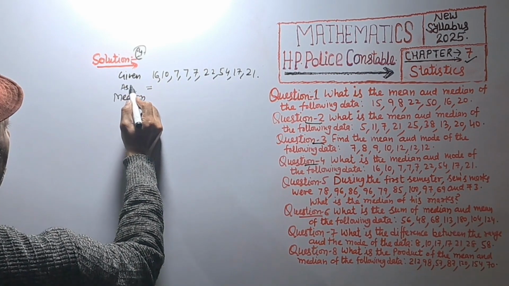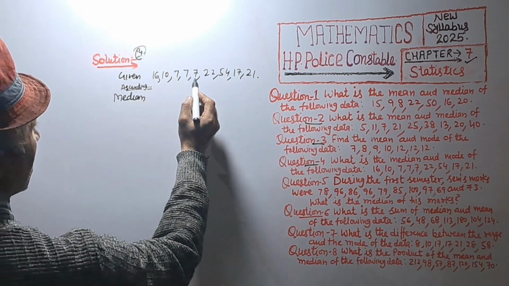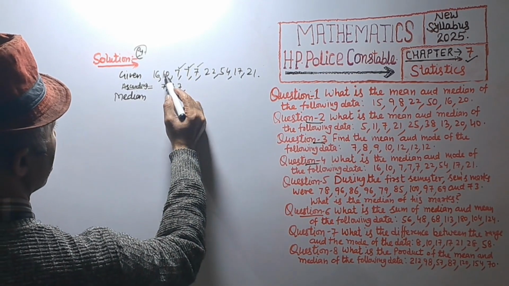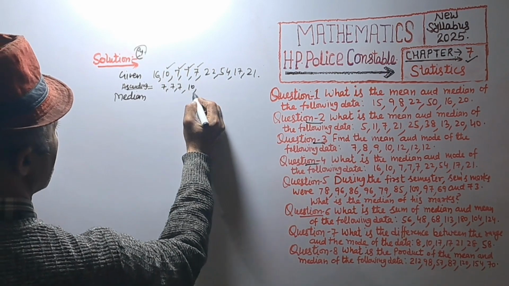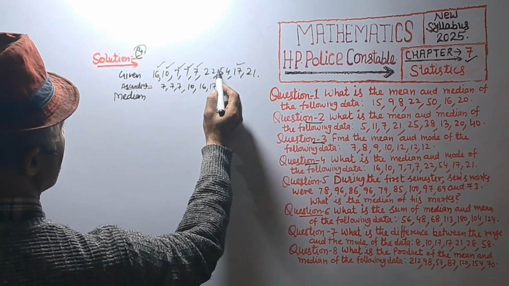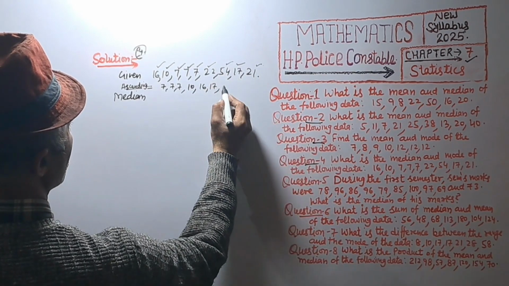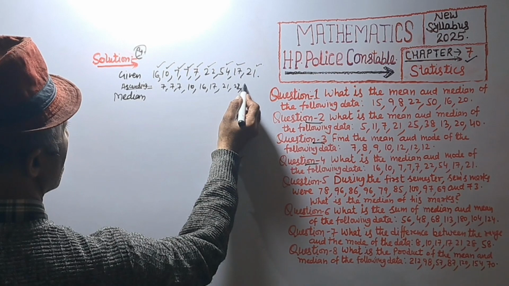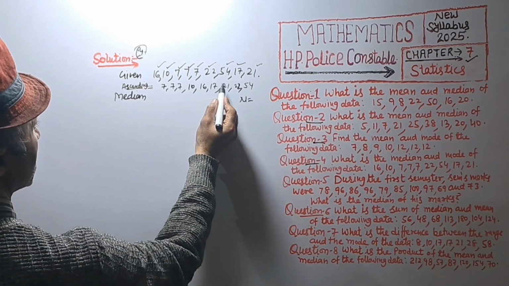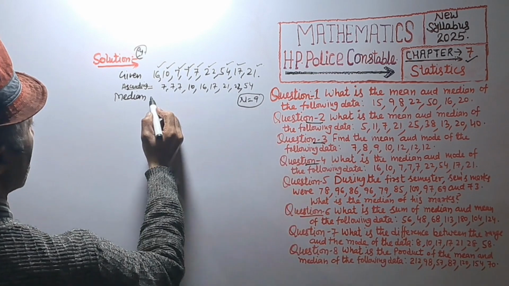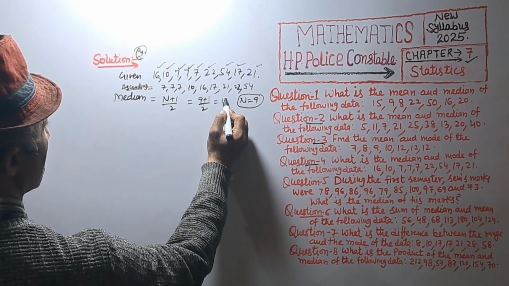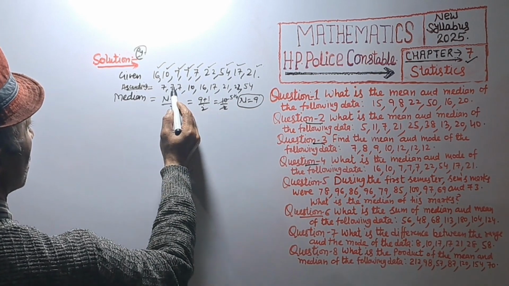arranging in ascending. First is 7, 7, 7, and then 10, 16, 17, and 21, 22, 54. n is equal to 1 2 3 4 5 6 7 8 9, odd number, so median is equal to n plus 1 upon 2, that is equal to 9 plus 1 upon 2 equal to 10 upon 2, fifth. 1 2 3 4 5.